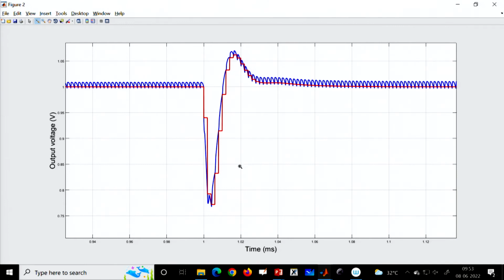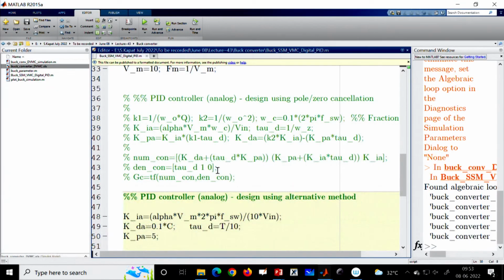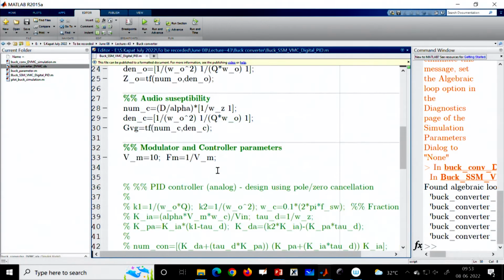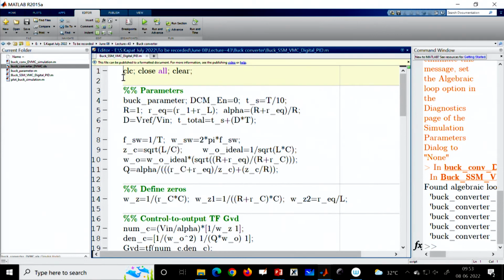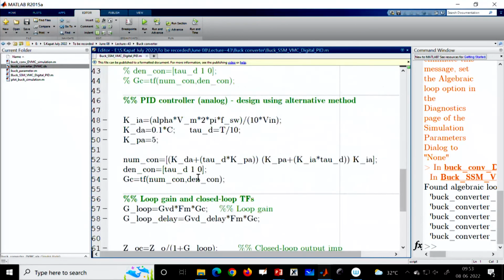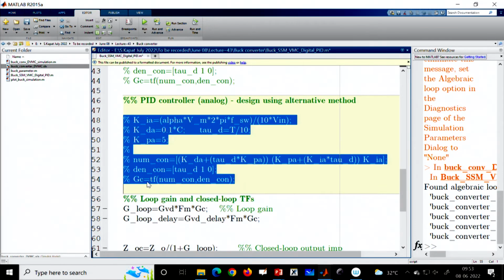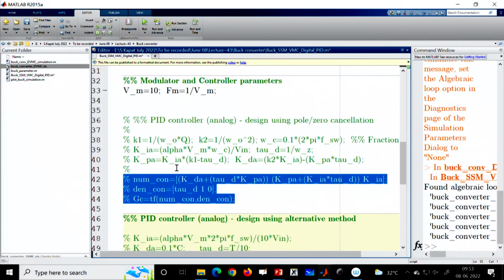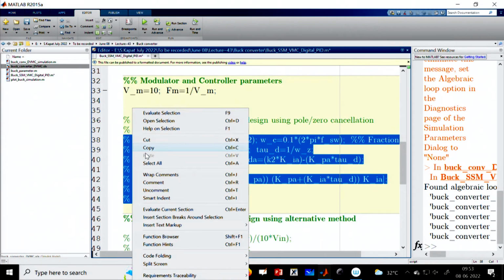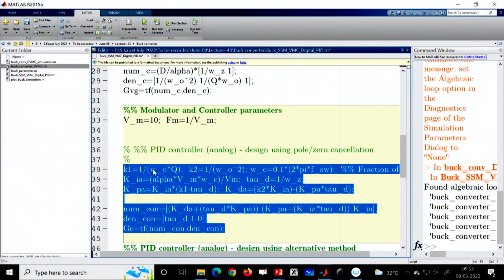Now, we want to compare this design with the earlier design. So, let us go and compare. That means we have method 1, and this is the alternative method, and we want to continue with the earlier method. So, here we want to comment this line, and we want to discuss this alternative method using a different color.